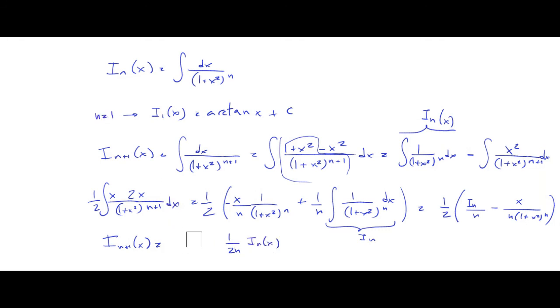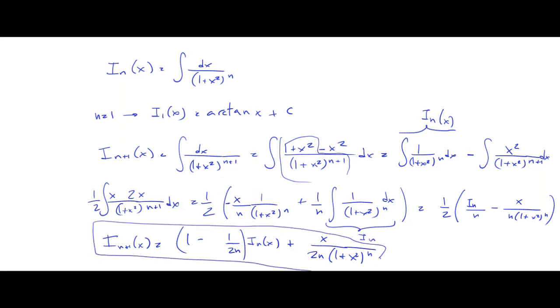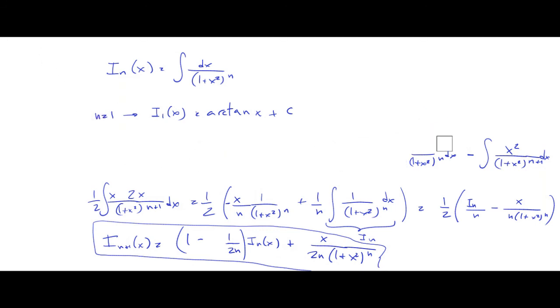This is 1 minus 1 over 2n times I_n(x), and then plus x divided by 2n times (1 plus x squared) to the n, right? You can get this formula. Okay, so now let me erase this part.